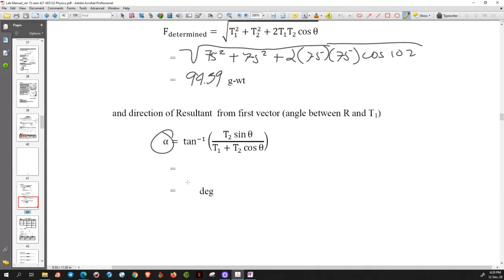75 sine 102 over 75 plus 75 cosine 102. This is where using 75 and 75 for T1 and T2 is important. Why?